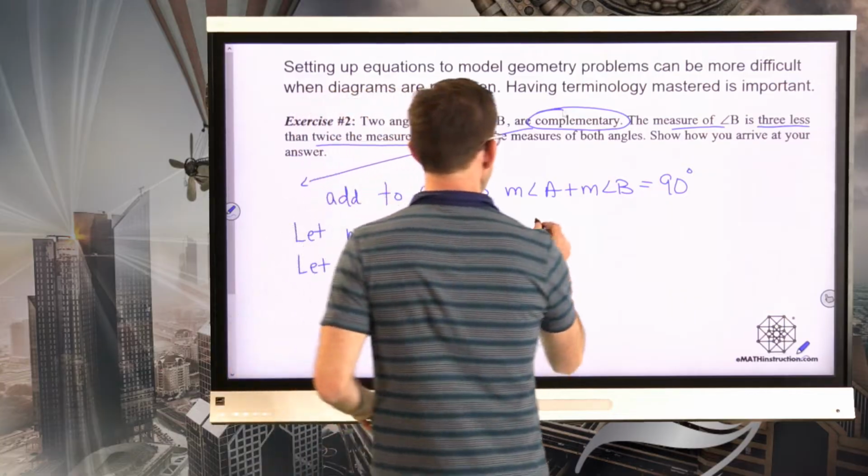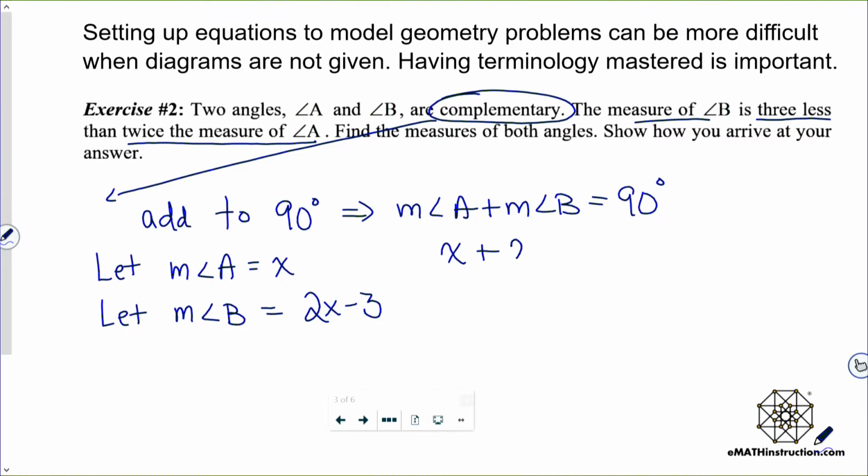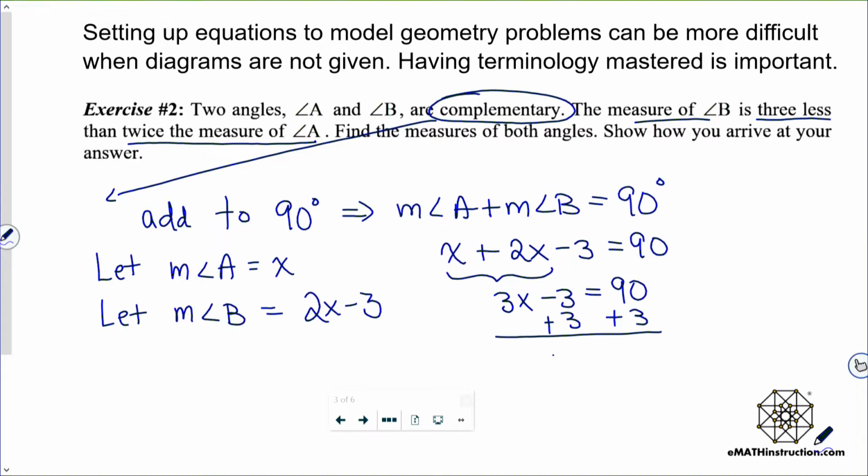And here we go. I'm going to have x plus 2x minus 3 is equal to 90. Combine a couple terms here. That's going to be 3x minus 3 is equal to 90. I can add 3 to both sides. That's going to give me 3x is equal to 93. I can divide both sides by 3.